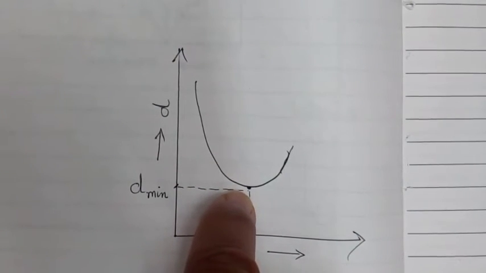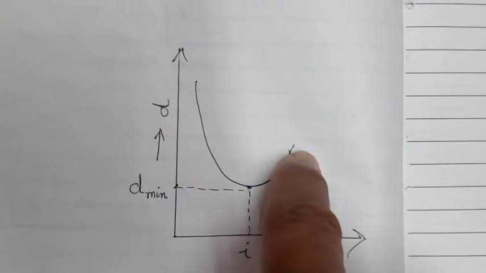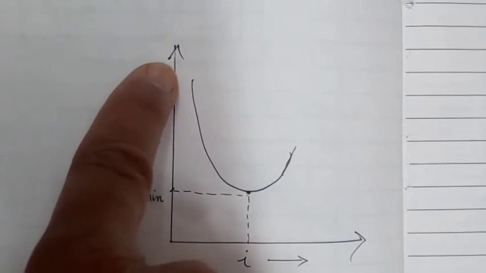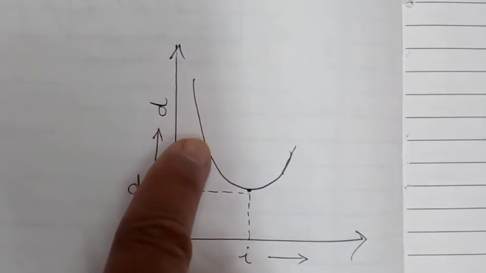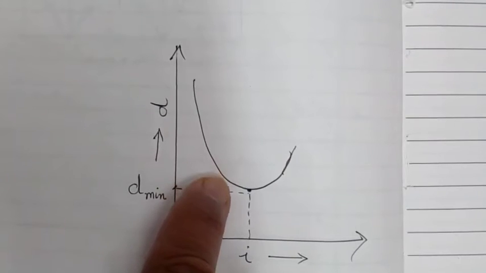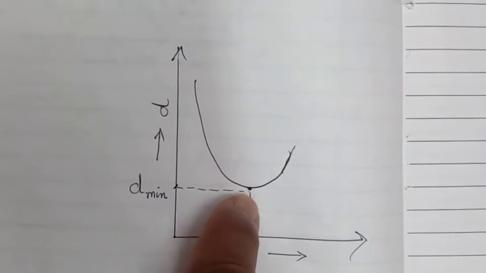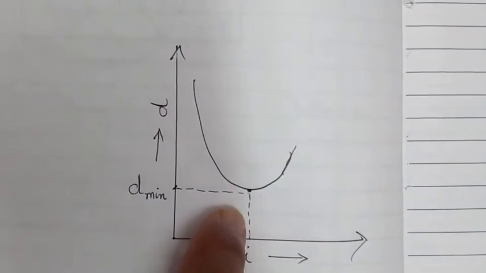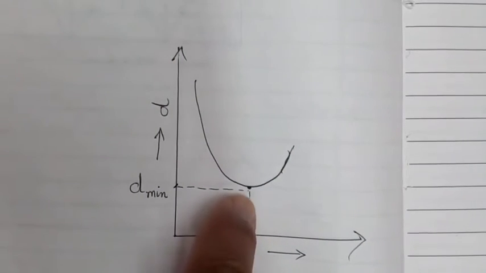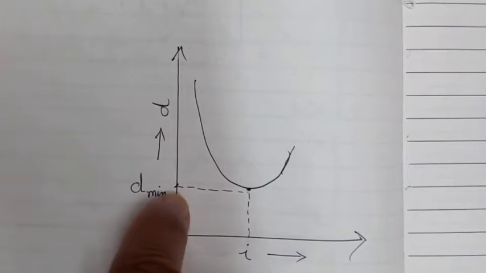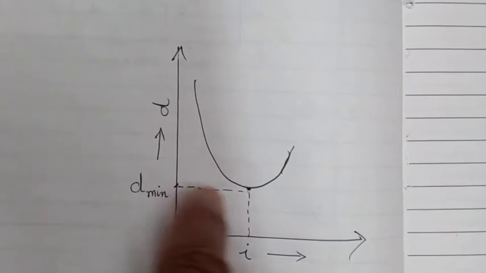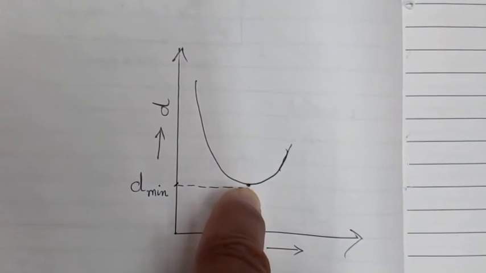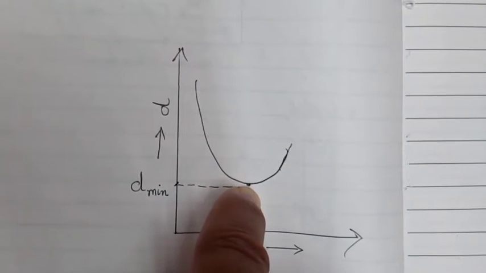After that, the deviation starts increasing once again. So first the angle of deviation decreases, ultimately becomes minimum, and then it starts increasing once again. This angle of incidence, corresponding to which the deviation is the least, is the lowest point of the parabolic curve.